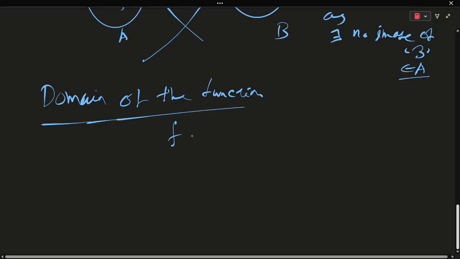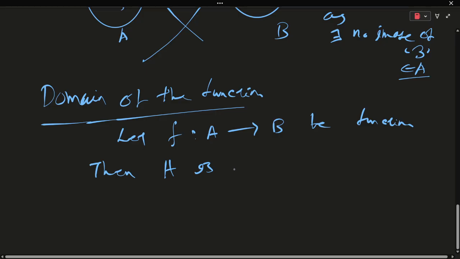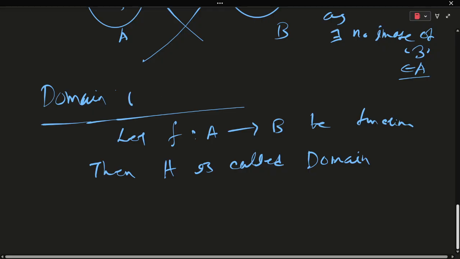If f is a function from A to B, let g be a function, then A is called the domain and B is called the codomain of a function.